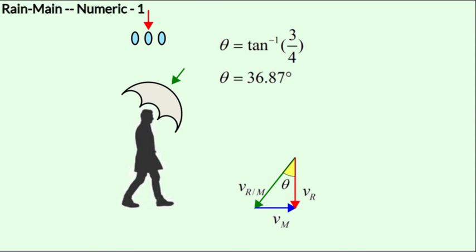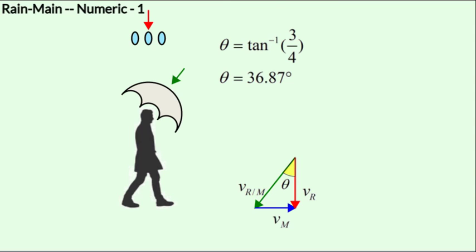So the man would have to tilt his umbrella at 37 degrees with the vertical in order to protect himself from the rain. The magnitude of VR with respect to M is 5, as it is the hypotenuse of a right angle triangle.